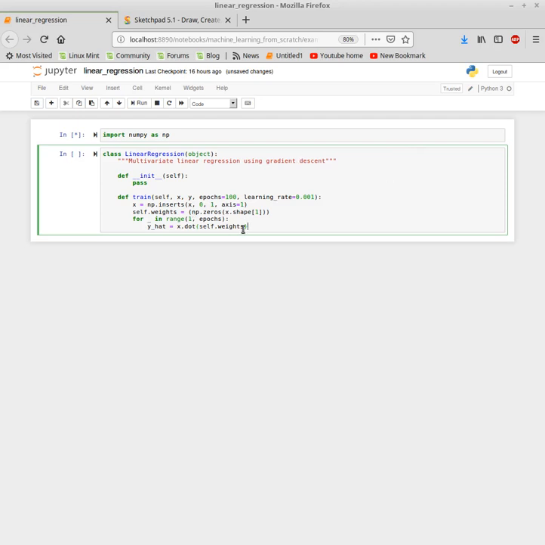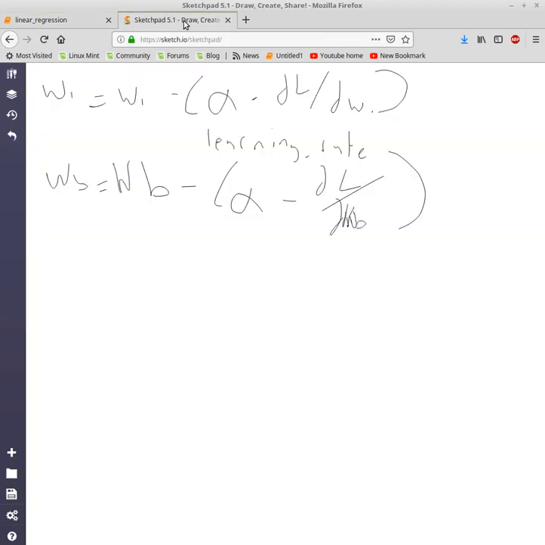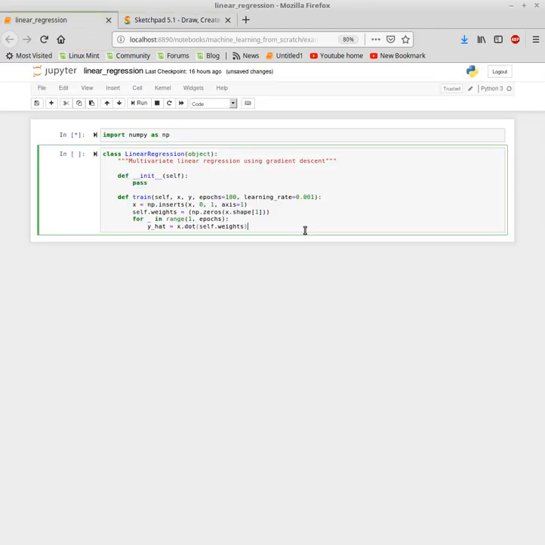It takes the WB values, W1 values, the weight values, and multiplies them by the X values in line, and then just adds it up, exactly like what y hat does.